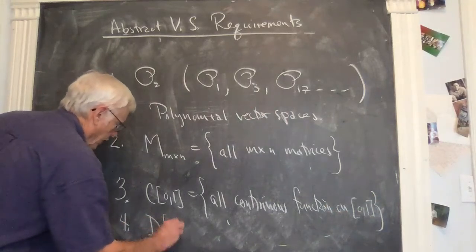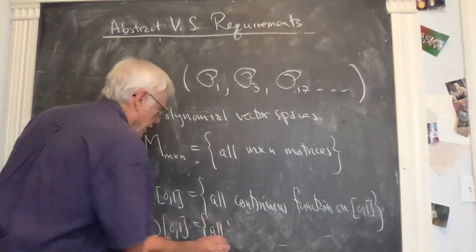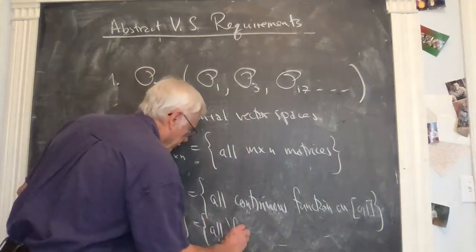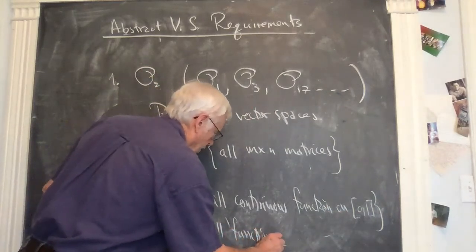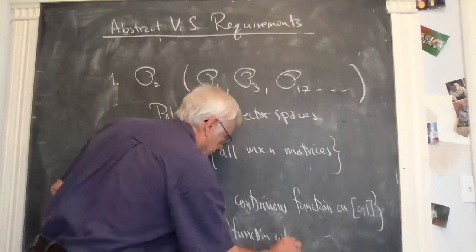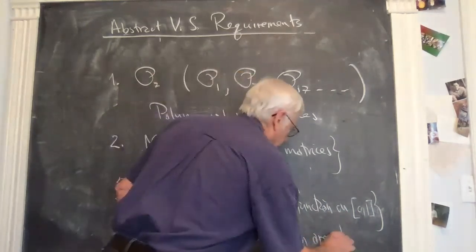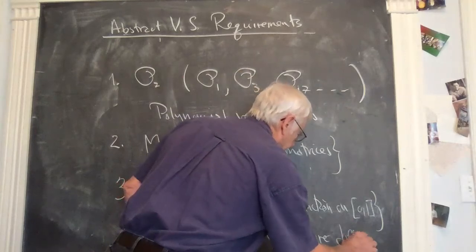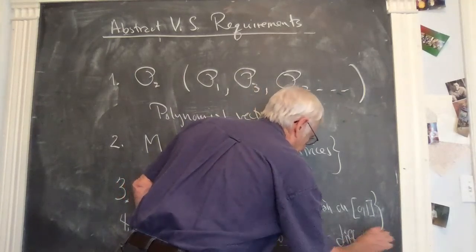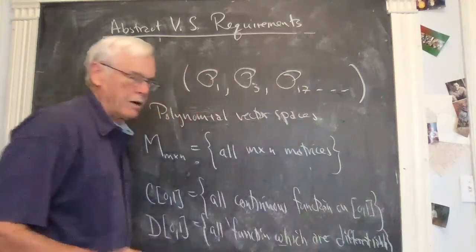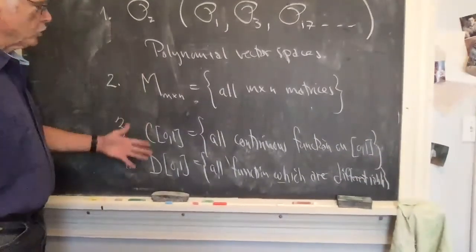D[0,1] equals all functions which have derivatives, which are differentiable. That means you can take the derivative. So these are basically the four that we'll look at.